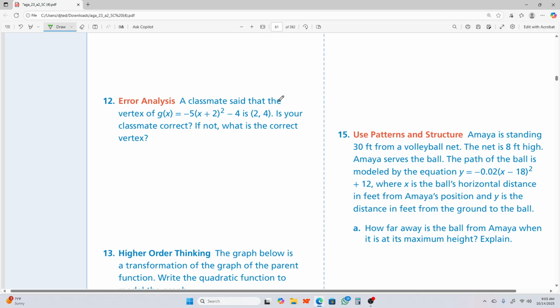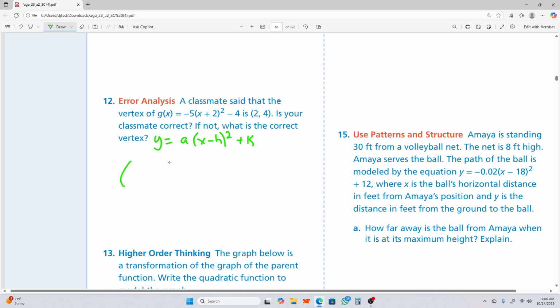Number 12. A classmate said that the vertex of g of x equals -5 times (x plus 2) squared minus 4 is (2, 4). Is your classmate correct or not? What is the correct vertex? So you're going to take this given quadratic function in vertex form and relate it back to the formula, y equals a times (x minus h) squared plus k.